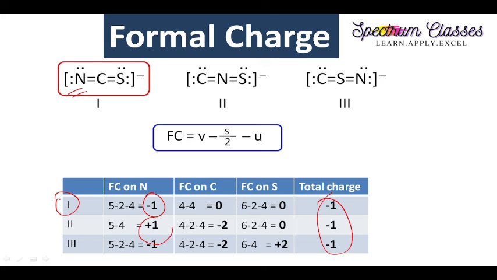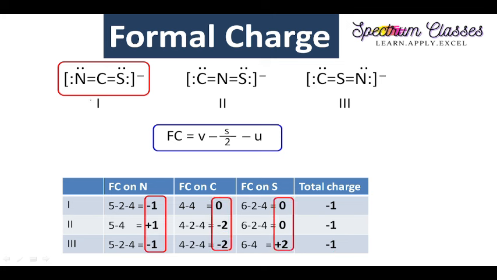However, in this case we have +1 and -2, so this is less preferable. The third molecule has -1, -2, +2, so this is the least preferable. In this manner the first molecule is the more preferable structure for this isocyanate. So this one is the most preferable structure.